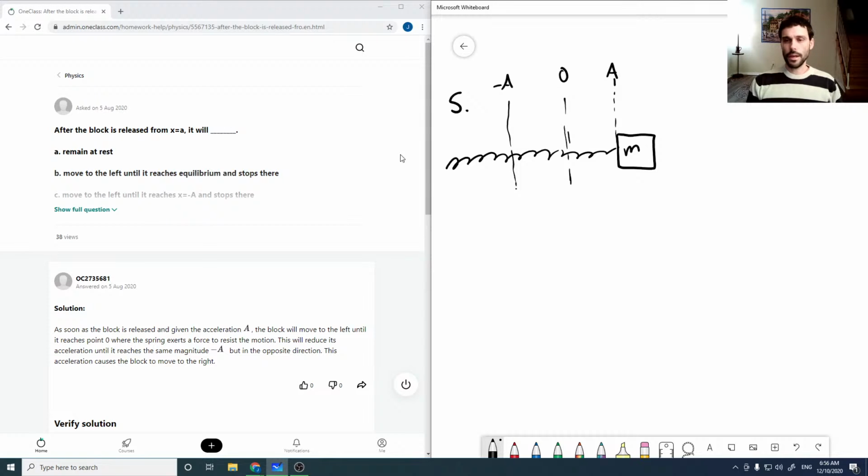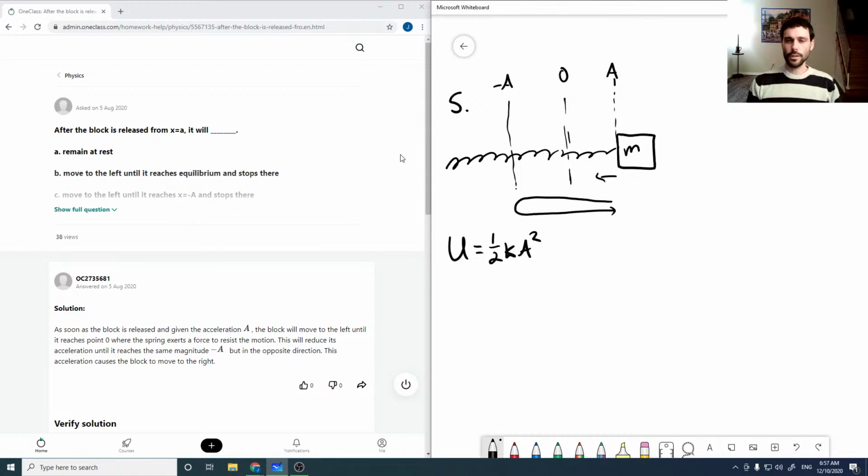after the block is released from x equals a, will it remain at rest, move to the left until it reaches equilibrium, so that would be 0, and then stop, move until it reaches x equals minus a and then stop, or move to minus a and then continue going back and forth. As we probably realize with spring questions, this is going to go to minus a and then it's going to go back, and in fact without friction our potential energy at a is just a half k a squared.